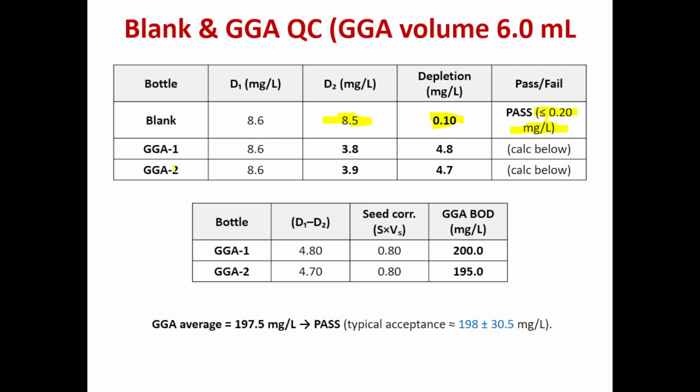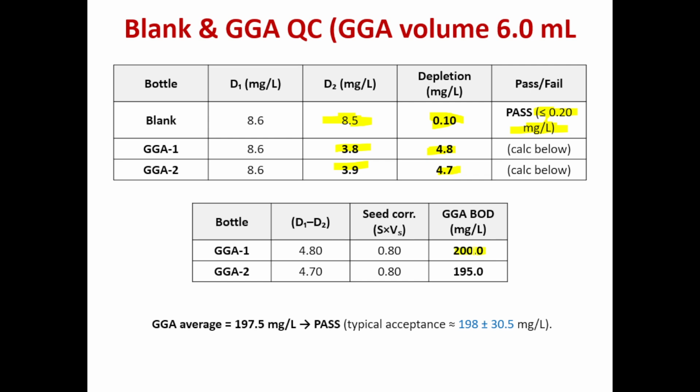In case of GGA1 and GGA2 bottles, this is the final DO, and the depletion is 4.8 and 4.7. By using seed correction, we have calculated BOD using the formula.